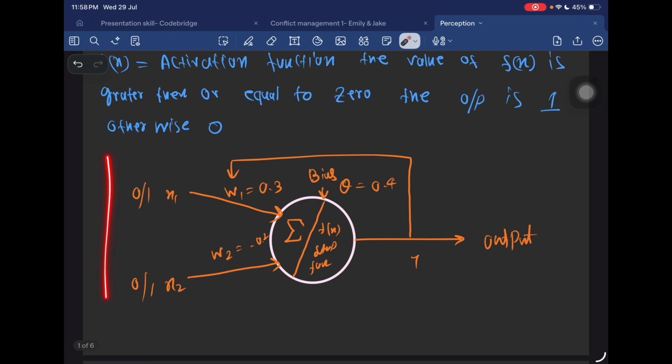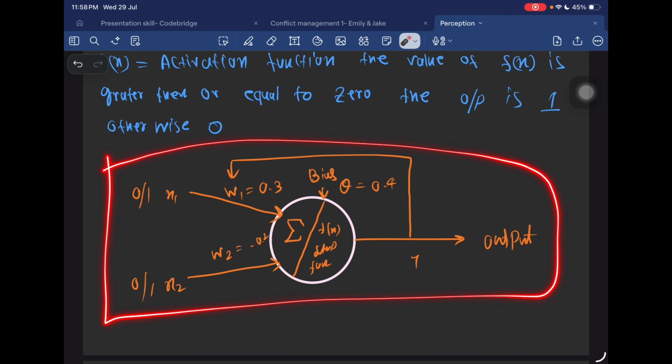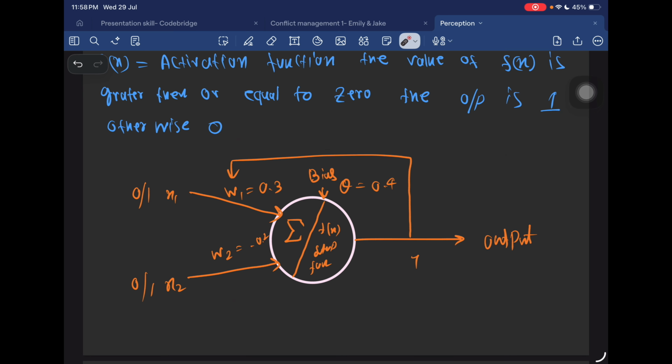This is the diagram of the perceptron, where x1 and x2 are the features, 0 or 1. Then w1 and w2 are the initial weights. Theta represents the bias 0.4, and this is our activation function, the sum of the activation function, and y is the output.